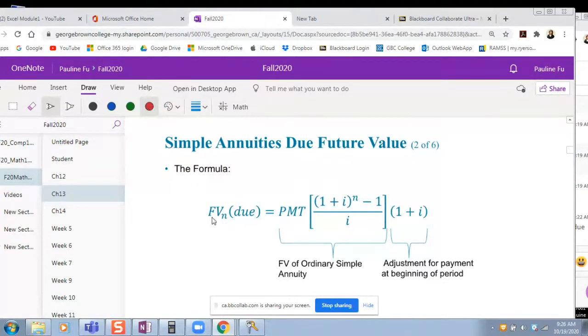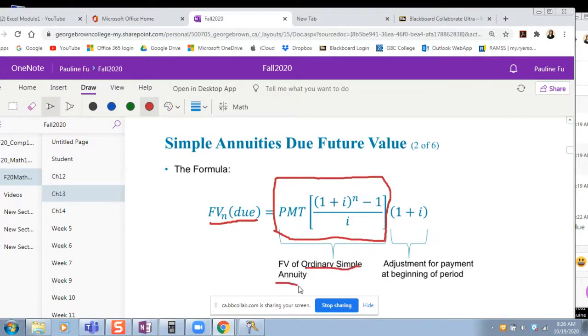Now, the formula for future value of annuity due: remember, this is the formula for ordinary simple annuity. And then multiply by 1 plus I. It becomes the future value of annuity due. This is the formula.